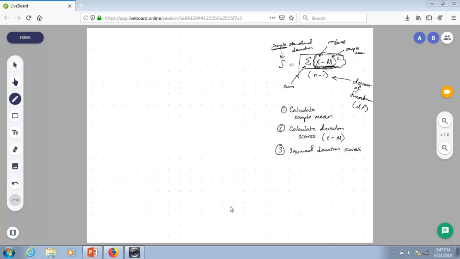So we overcome this impasse by squaring our deviation scores so that we can eventually get to the point of calculating the average distance that all the raw scores are away from the mean. So after you square your deviation scores, you will sum your squared deviation scores. This is oftentimes referred to as the sum of squares.